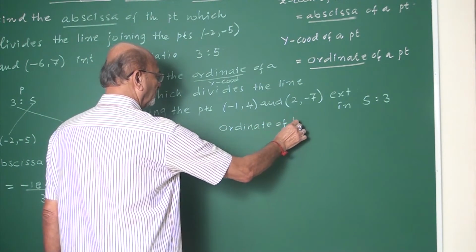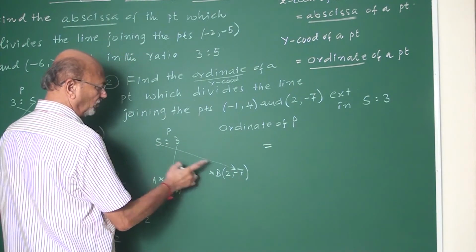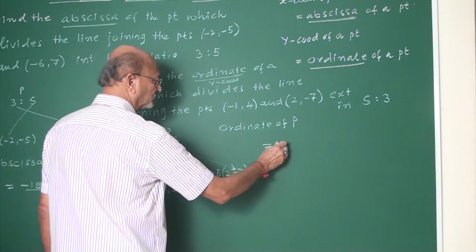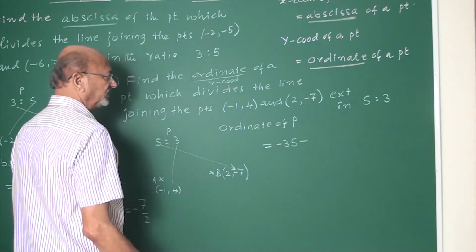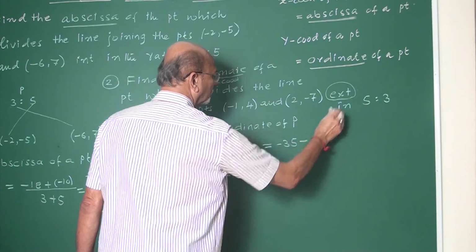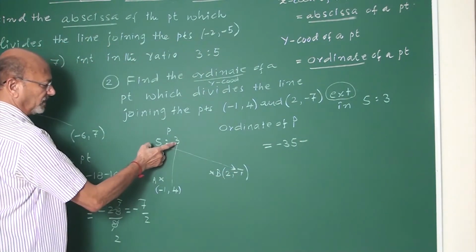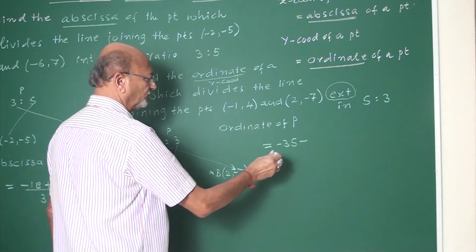Ordinate of a point P equals (m y2 minus n y1) upon (m minus n). 5 into -7, minus here. Why? External division, my friends. External means this is minus. n y1: 3 into 4 is 12.